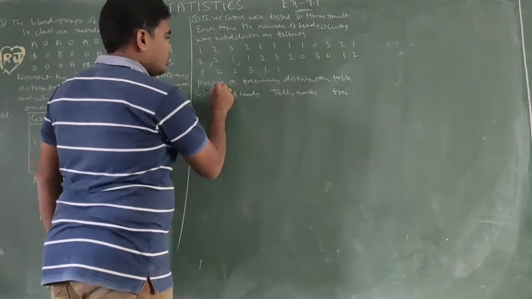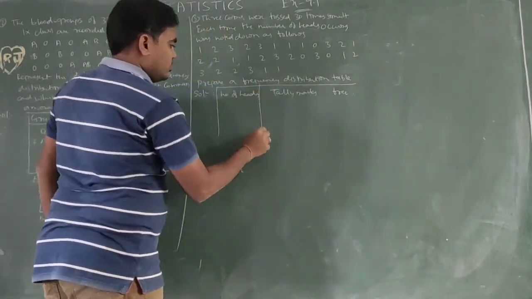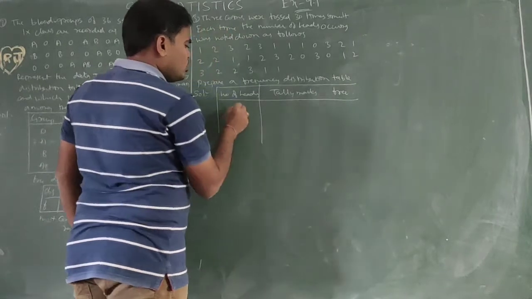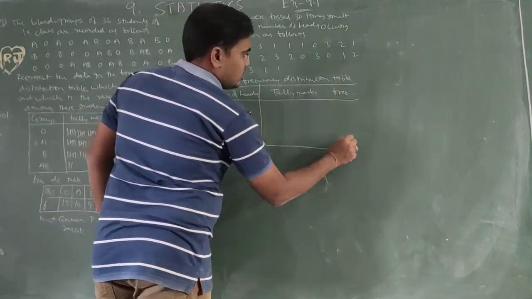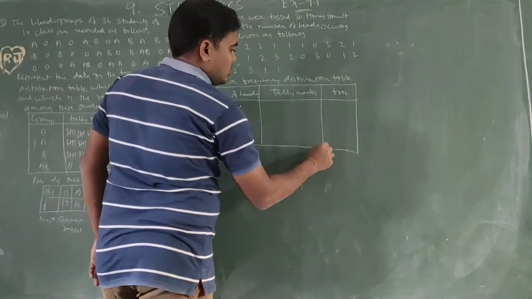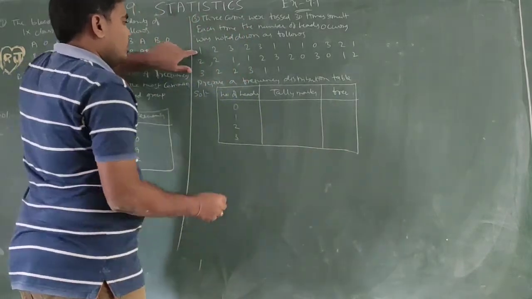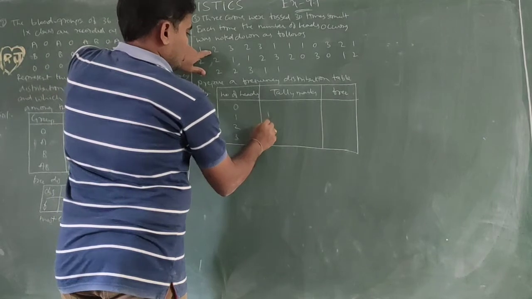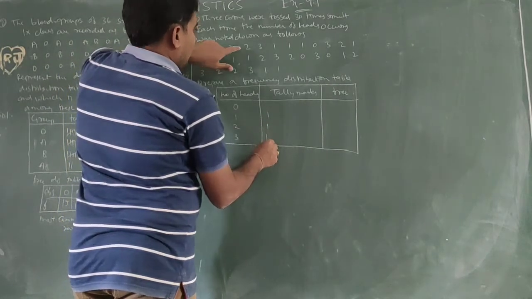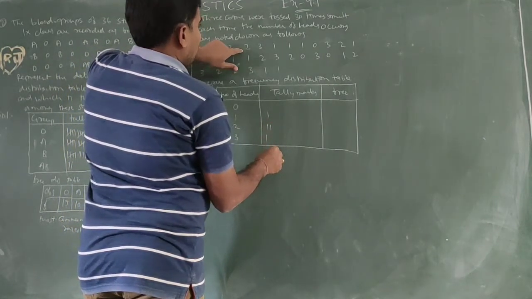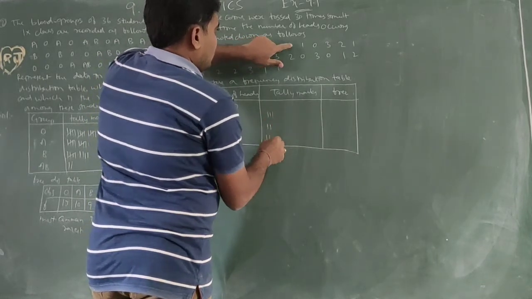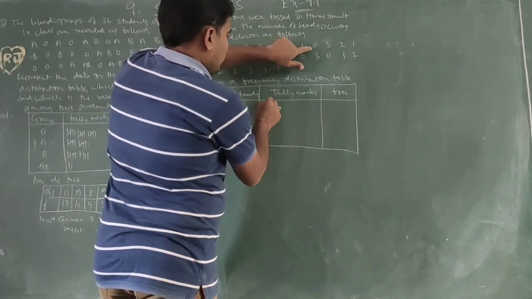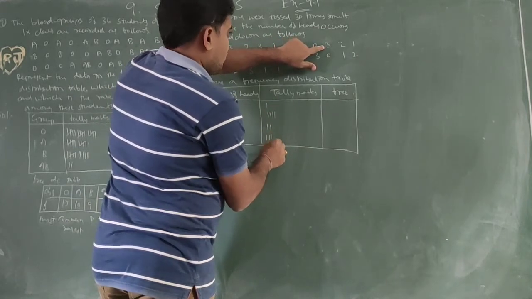So 0 heads, 1 head, 2 heads, 3 heads. First 1, 2, 3, 2, 3, 1, 1, 1, 0, 3, 2.